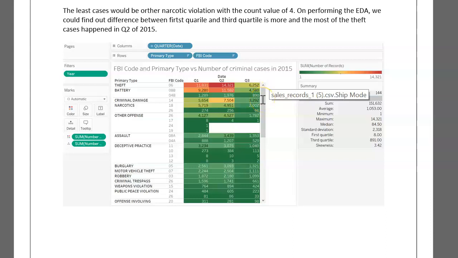So basically, it's which quarter in the date, so it's quarter 1, 2, or 3. From this information, we can find out quarter 2 has more criminal cases recorded. It's 14,321, which is much higher than any of the data here in 2015.